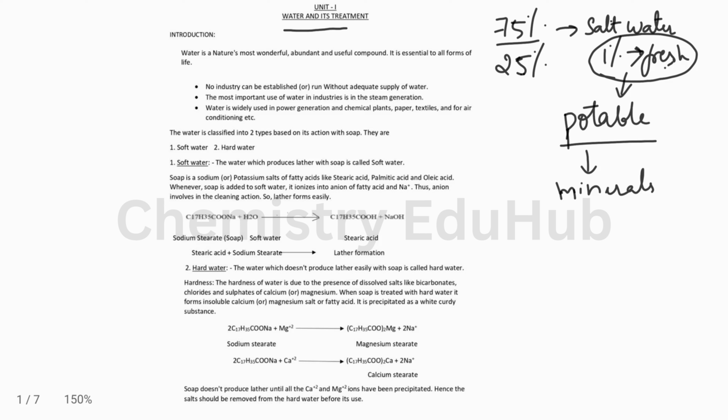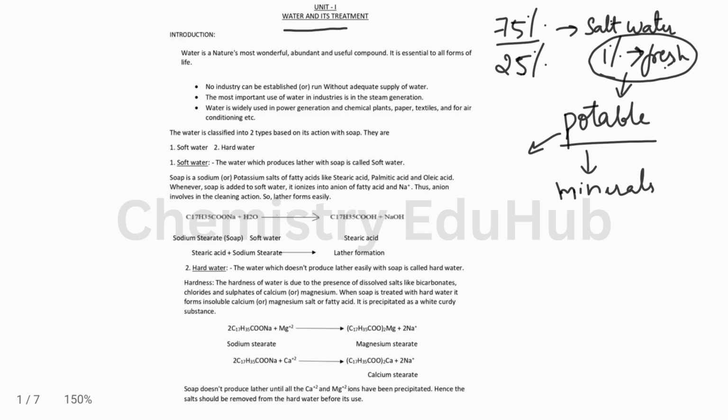Since there will be a lot of minerals in the ground, they get mixed with them and they are not potable for drinking. So to make it potable for drinking and other activities, we need to treat it. We need to treat it so that it is useful for our drinking and for doing other activities.